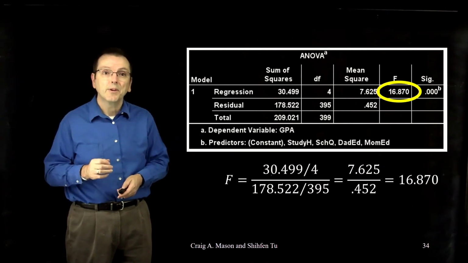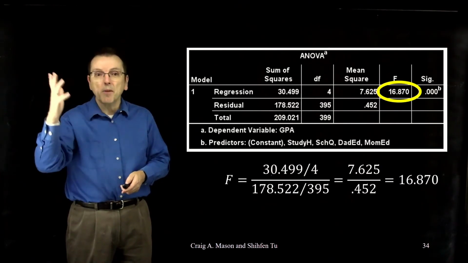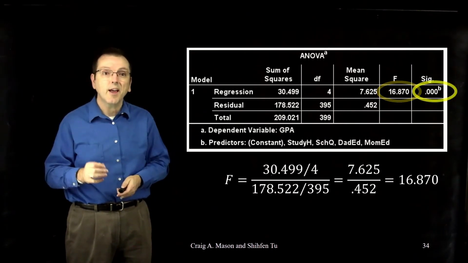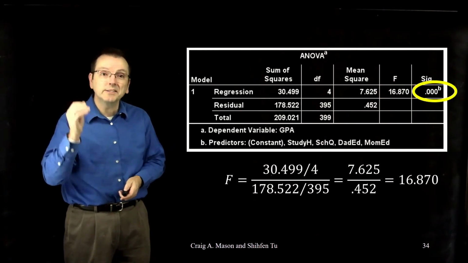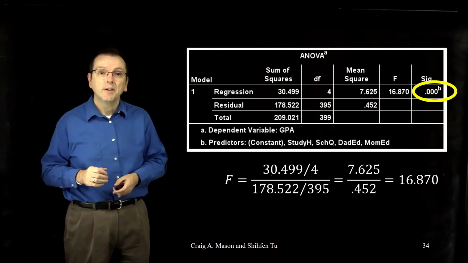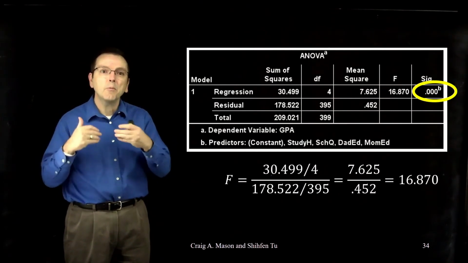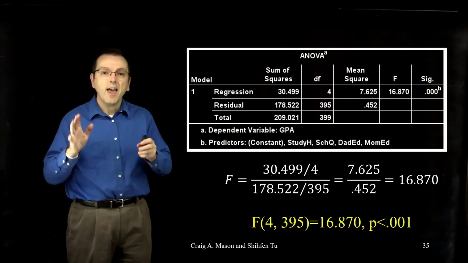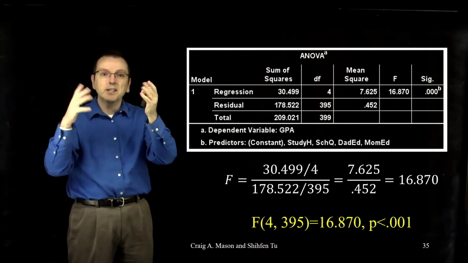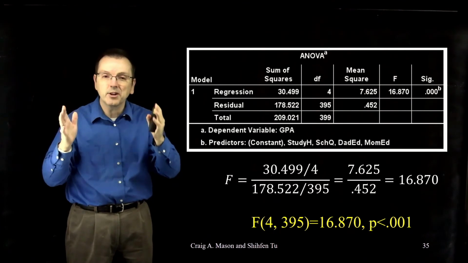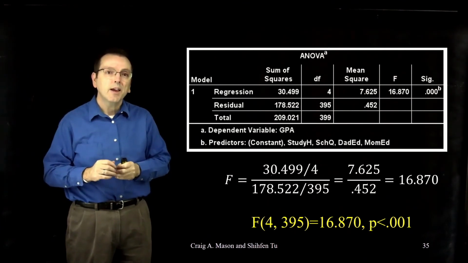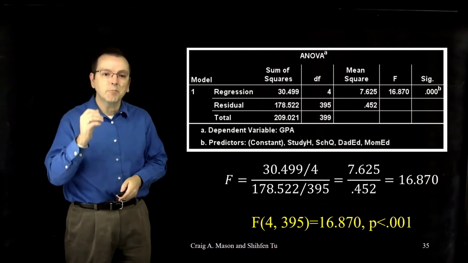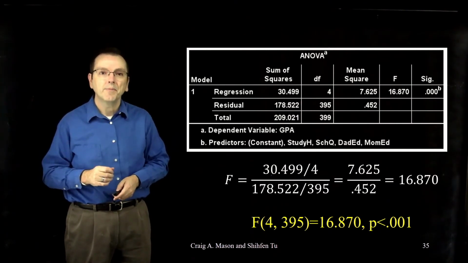We can then look up our p-value in Excel or a calculator or a table, and we'll see that our p is less than 0.001. We then write it down using proper notation as F, and then in parentheses, 4 and 395 degrees of freedom, equals 16.870, with p less than 0.001.